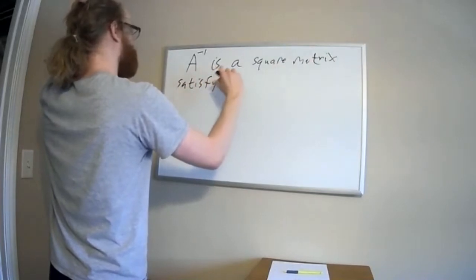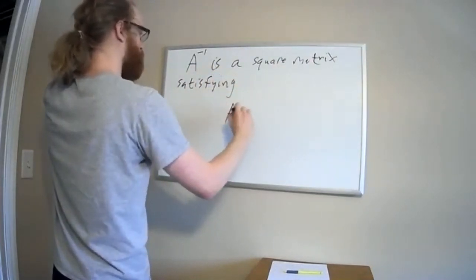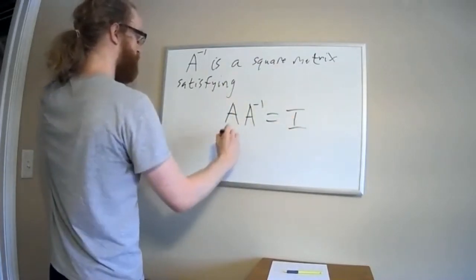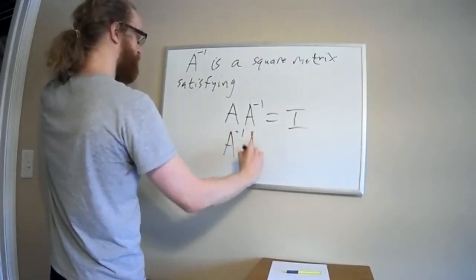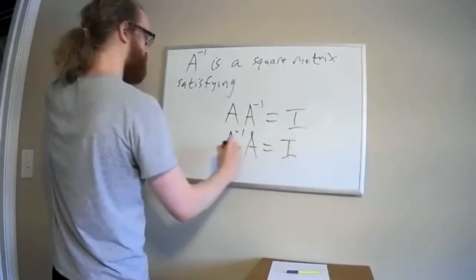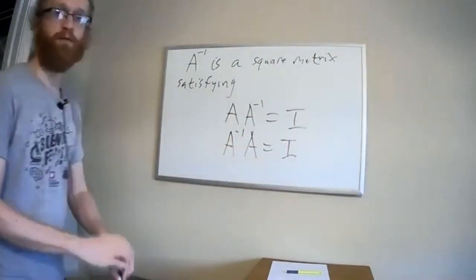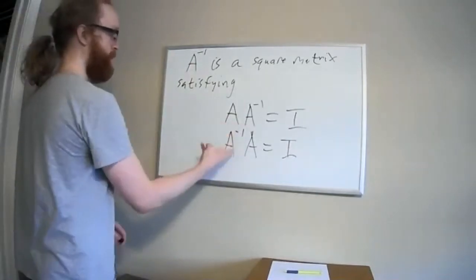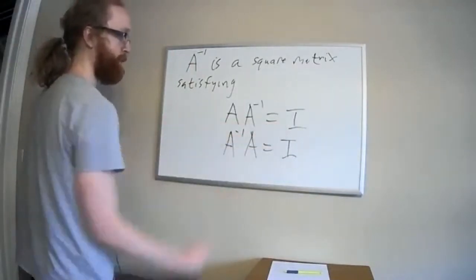If I multiply A by its inverse, then I get the identity matrix. And if I multiply it the other way, then I also get the identity matrix. This is what makes the inverse the inverse: if I multiply it with A, either way, I will get the identity matrix back.